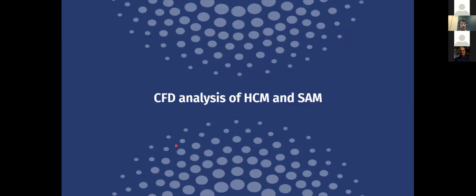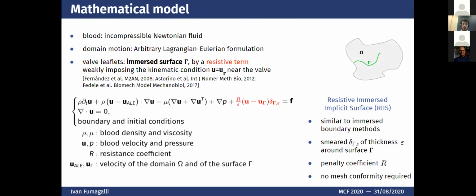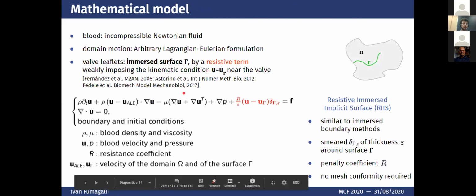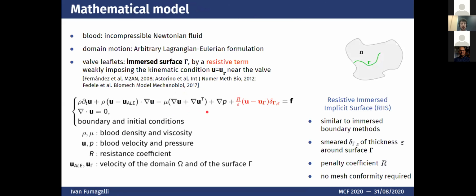In these geometrical settings, we set up our CFD analysis of the pathology at hand. And the mathematical model that is underlying the CFD analysis is based on the assumption that blood is an incompressible Newtonian fluid, so we use Navier-Stokes equations, incompressible Navier-Stokes equations. The domain motion is taken into account by means of the arbitrary Lagrangian-Eulerian approach, and the presence of the valve is accounted for by a resistive term, which is highlighted here in red.